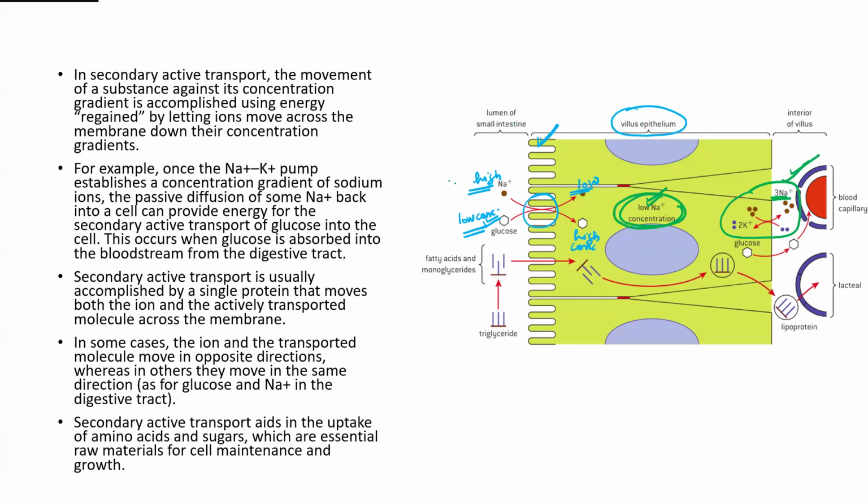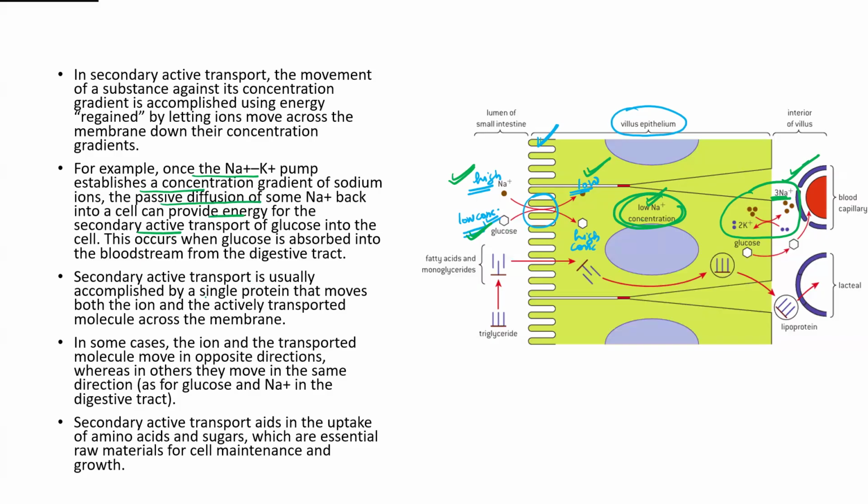So sodium is moving from its high concentration to its low concentration, and it is helping the glucose to move against its concentration gradient. Is it clear? So if you see, the sodium potassium exchange pump will establish a concentration gradient. Now ions want to diffuse back, and this will provide energy for the glucose to come against its concentration gradient.